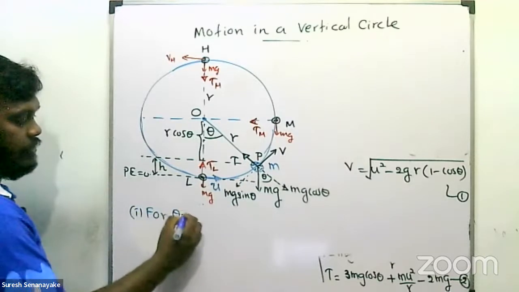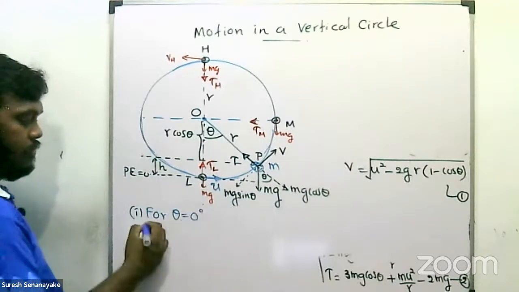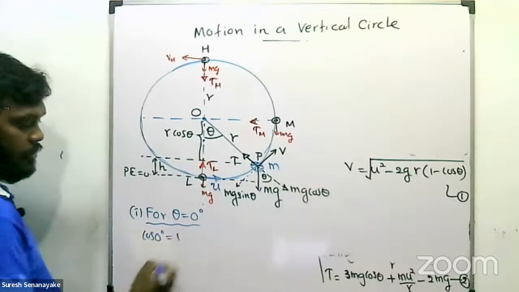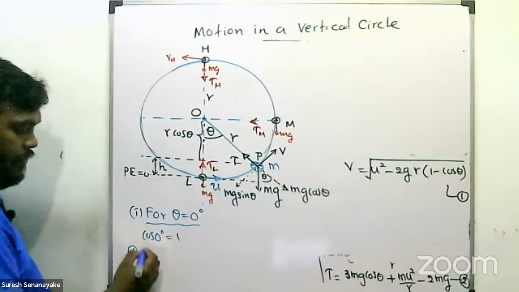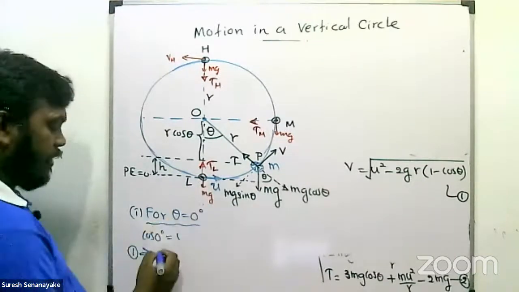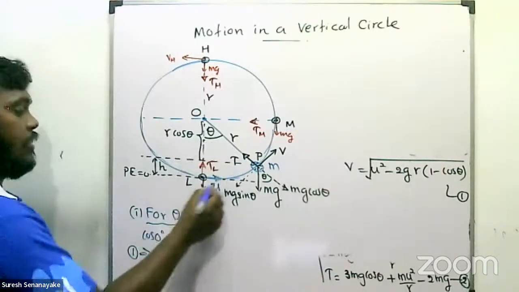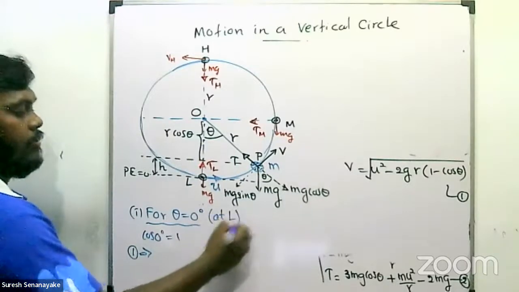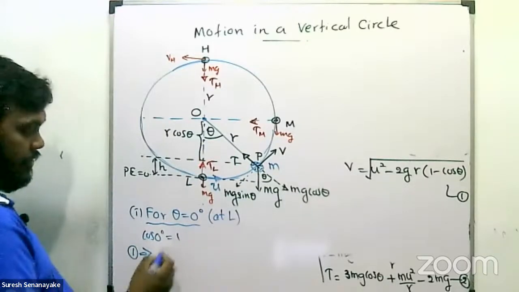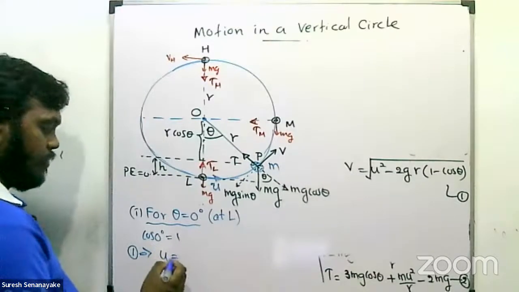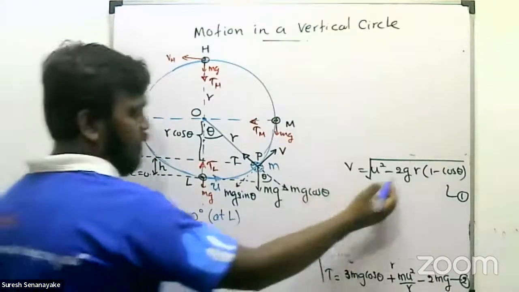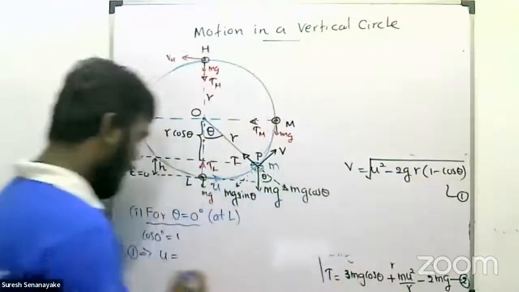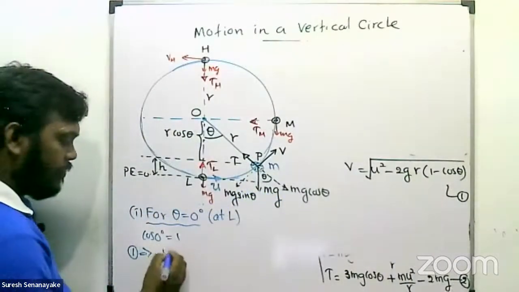So theta equals 0. Then cos 0 equals 1. From equation number 1, the velocity at the lowest point L: cos 0 is 1, so this becomes 0, and the velocity v becomes u.